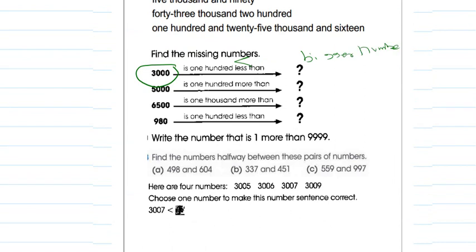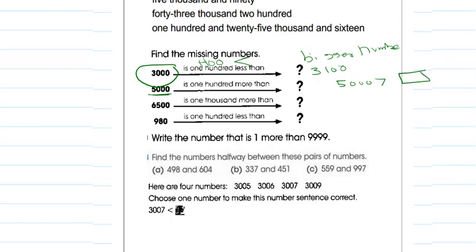100 less than, it means that the number that I will write is bigger than 3,000. Bigger by 100. Then you have to add 100. So it will be 3,100. 5,000 is 100 more than. So 5,000 is more than a number by 100.